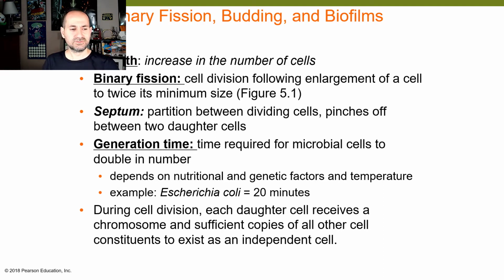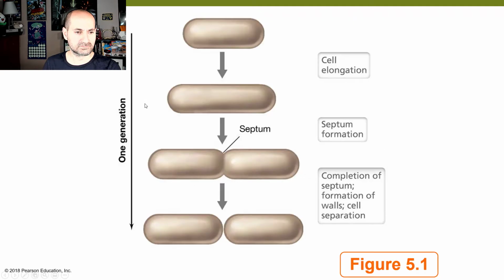All right, so let's go through. Obviously, if you see a term in bold, please know that all of these terms are important to understand. We spent some time talking about septum formation, so please know how a septum forms. So here you have the parts of binary fission.